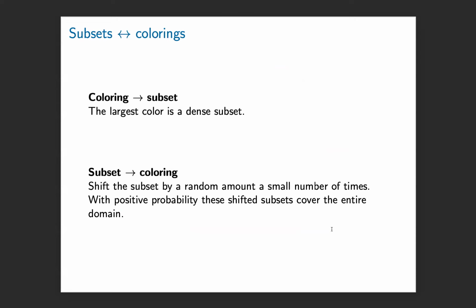So going from colorings to subsets is easy. You take the largest color, and that's a dense subset. Is everyone okay with how I say coloring here? I mean a coloring where every color is a set that's free of whatever object we're trying to avoid.